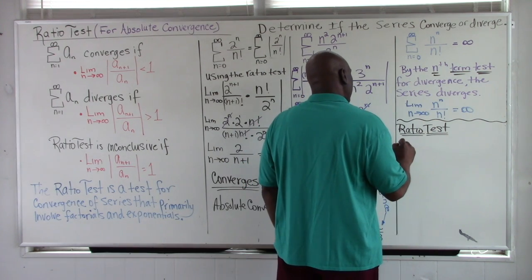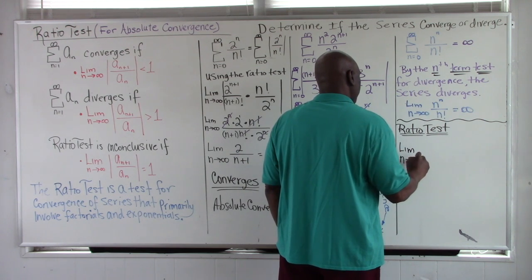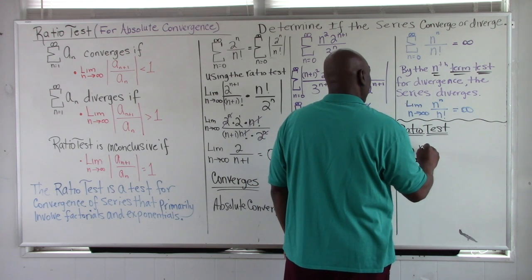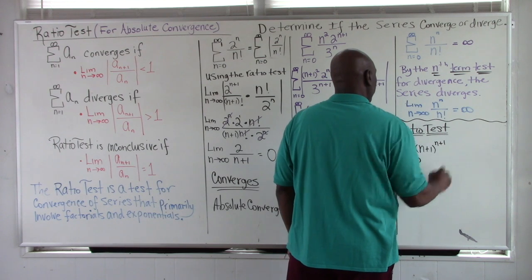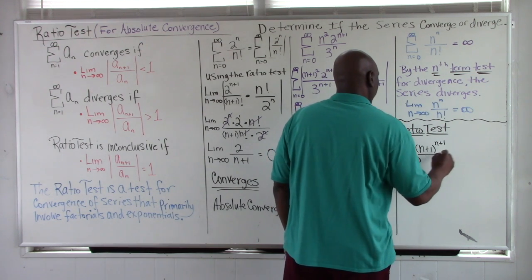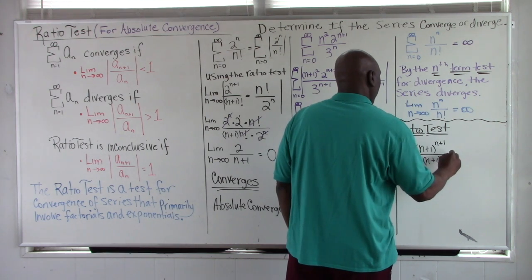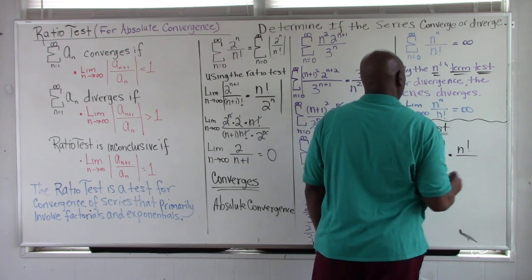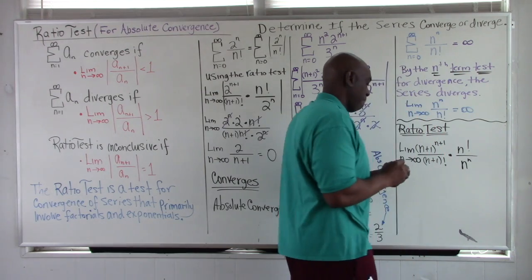So we're going to look at the limit as n gets increasingly large of the n plus 1 term: n plus 1 to the n plus 1, all over n plus 1 factorial, multiplied by the reciprocal of this, n factorial over n to the power of n.